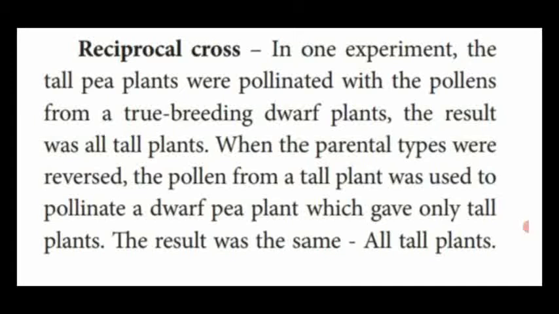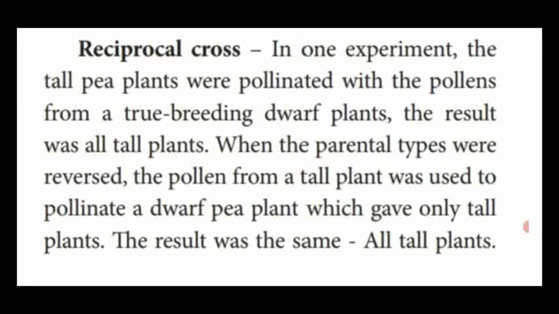So the pollen of the tall pea plant is transferred to the dwarf pea plant. At that time also, they have produced the tall plants. So both the crosses are proving the same result, that is all tall plant.